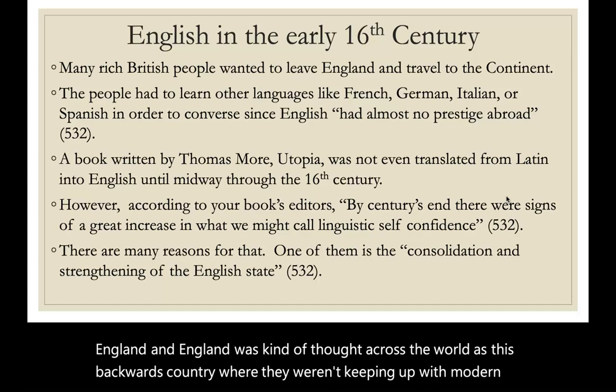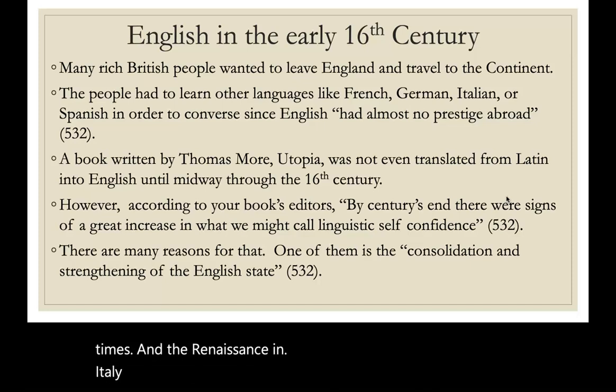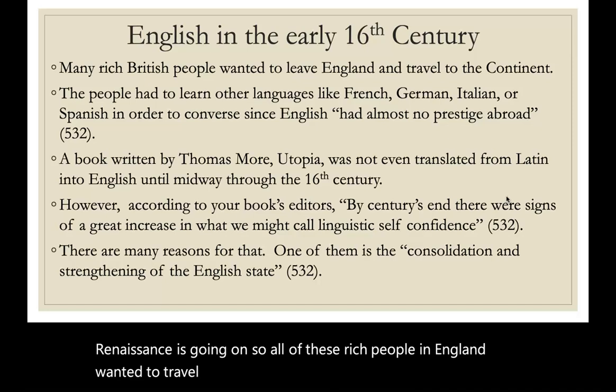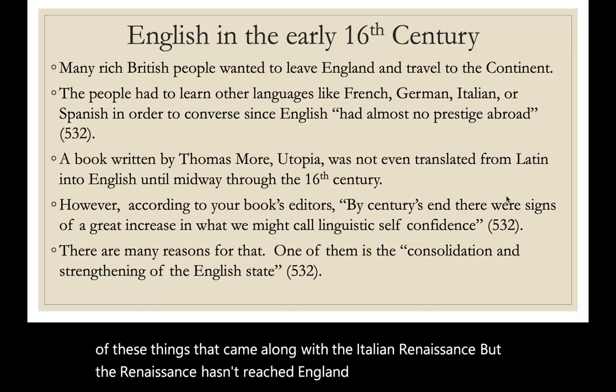And the Renaissance in Italy started back in the 1300s, 1400s, 1500s. The Italian Renaissance is going on. So all of these rich people in England wanted to travel the continent, and they wanted to experience all of these things that came along with the Italian Renaissance. But the Renaissance hasn't reached England yet.